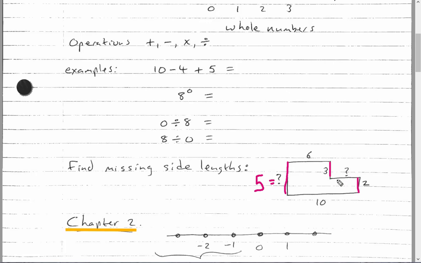How about this side? How far is it between these two corners? Well, the total width is 10. This part of the width is 6. So do you see what this has to be? 4, right? So 10 minus 6 is equal to 4. So we needed a subtraction there.